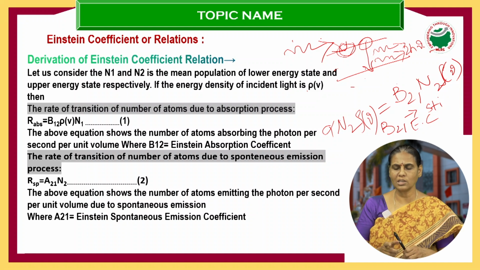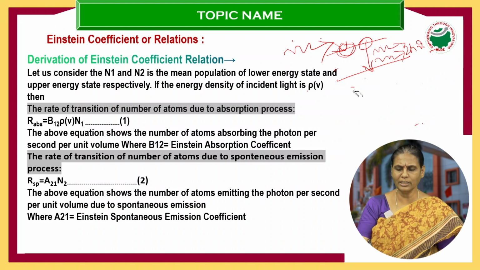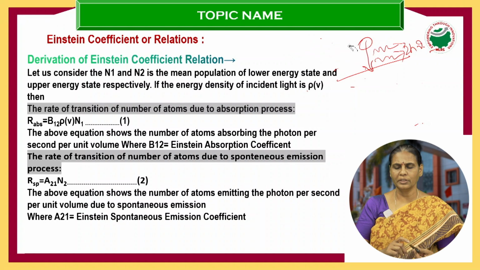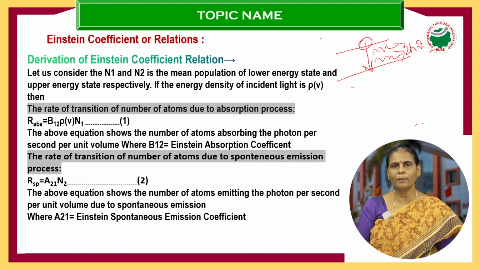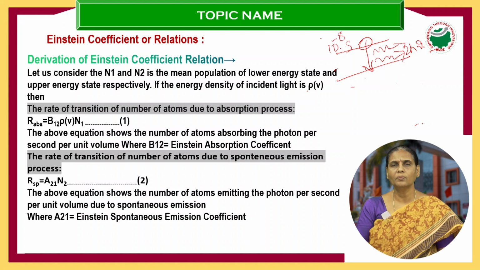Now, the third process is the spontaneous emission process. What is the spontaneous emission process? It is similar, but here we don't use any energy. The atoms on their own, once they complete their mean lifetime of 10 power minus 8 seconds, automatically return back to the lower energy state.